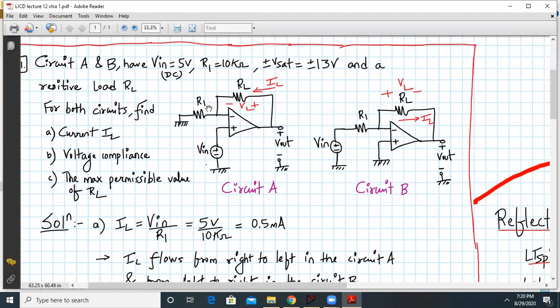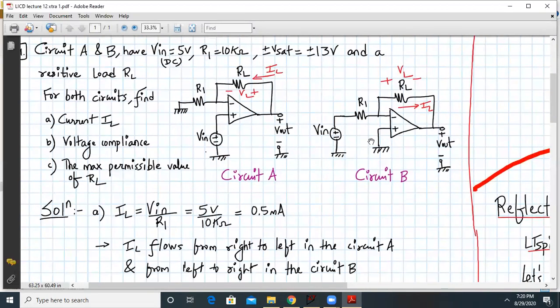So over here, what will be IL? IL will be V in minus 0 upon R1. So that's the formula. IL is V in upon R1, which is equal to 5 volts upon 10 kilo ohm, which is around 0.5 milliamperes. So this is the case for both the circuits. For both the circuits, we have found IL to be 0.5 milliampere.